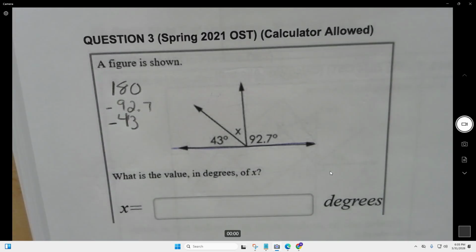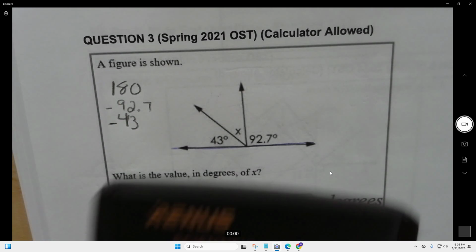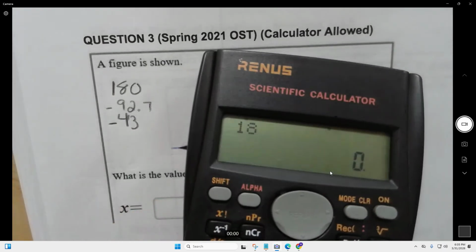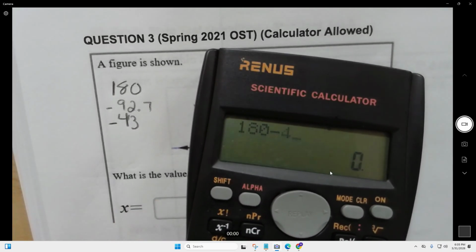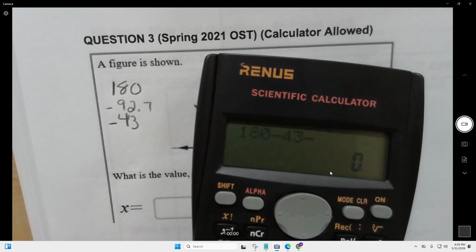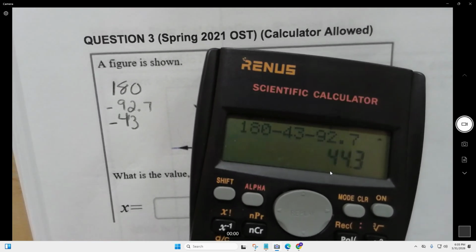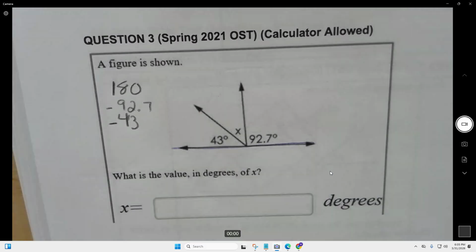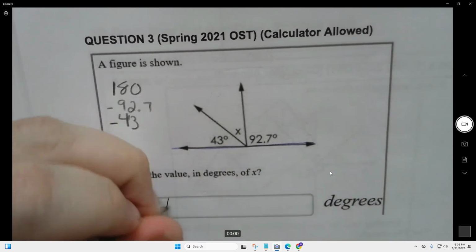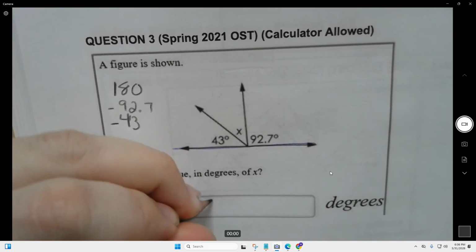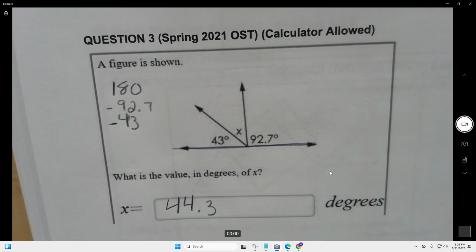Put that right into the calculator. 180 minus 43 minus 92.7. 44.3. Done.